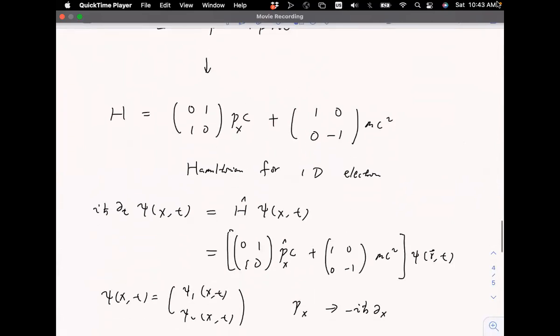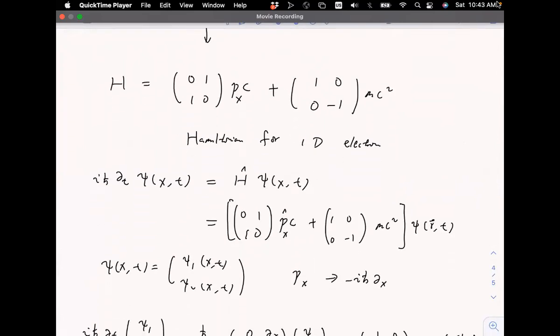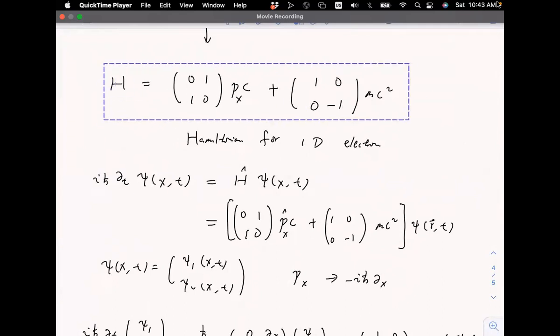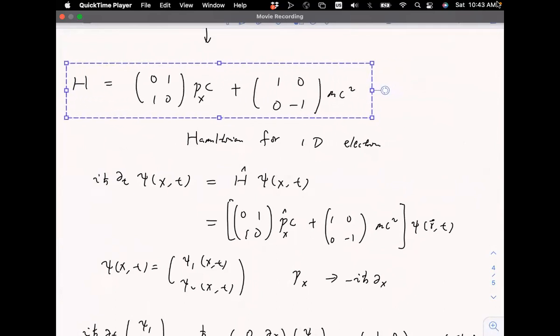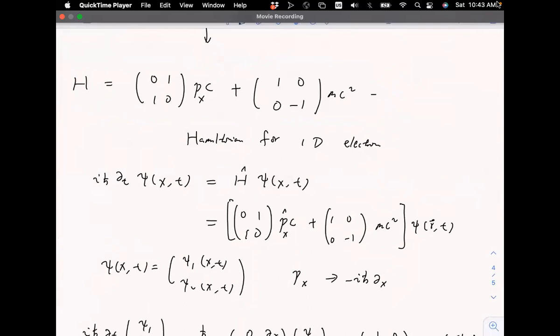So if you want to write in a better form, then you just use sigma x pc, and this is sigma z mc square, sigma z.